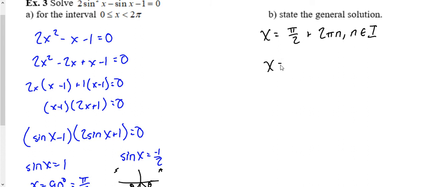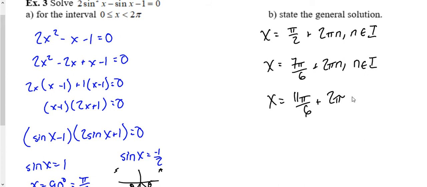The next one we have, of course, is going to be 7 pi over 6 plus 2 pi n, and n is an element of integer again. And last one, x is equal to 11 pi over 6 plus 2 pi n. And there we go. Three solutions, three distinct general solutions here.